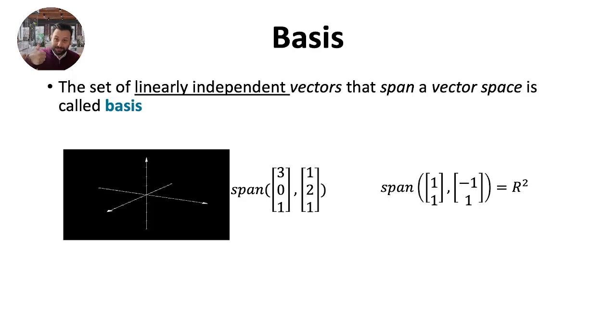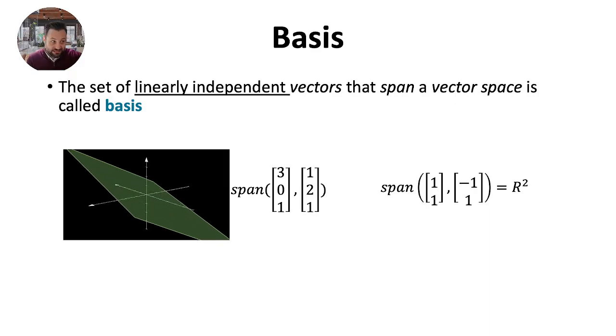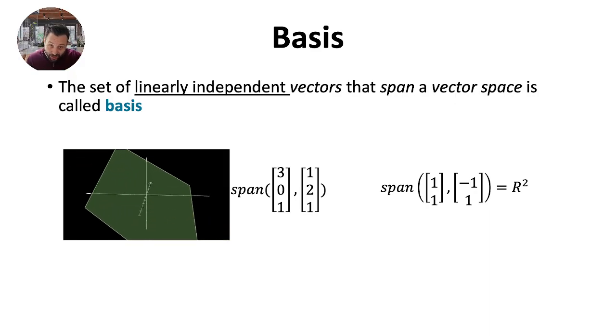From span, basis is the other important term. The set of linearly independent vectors that span a vector space is called a basis. I'm intentionally trying to use this important terminology as I introduce things. Again, take the vector space that is the span of 3, 1, 0 and 1, 2, 1.